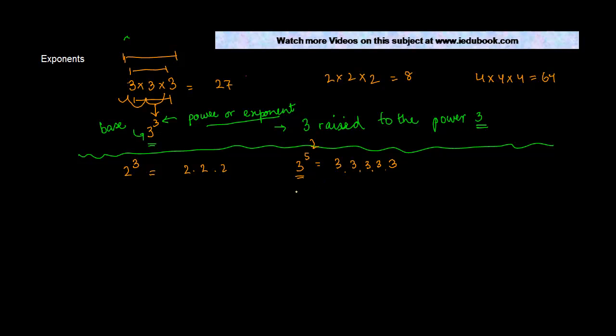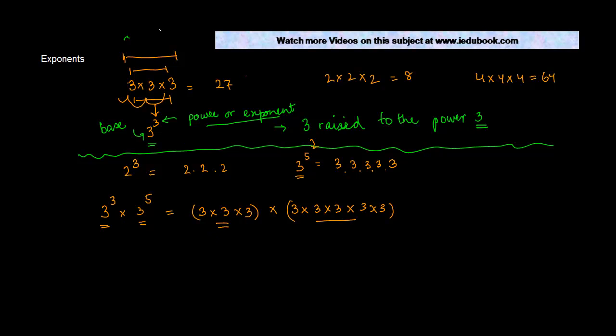Let us also see some basic rules about these numbers. Let's say you have 3 to the power 3 multiplied by 3 to the power 5. This can be written as 3 into 3 into 3, which represents the first part, multiplied by 3 into 3 into 3 into 3 into 3.